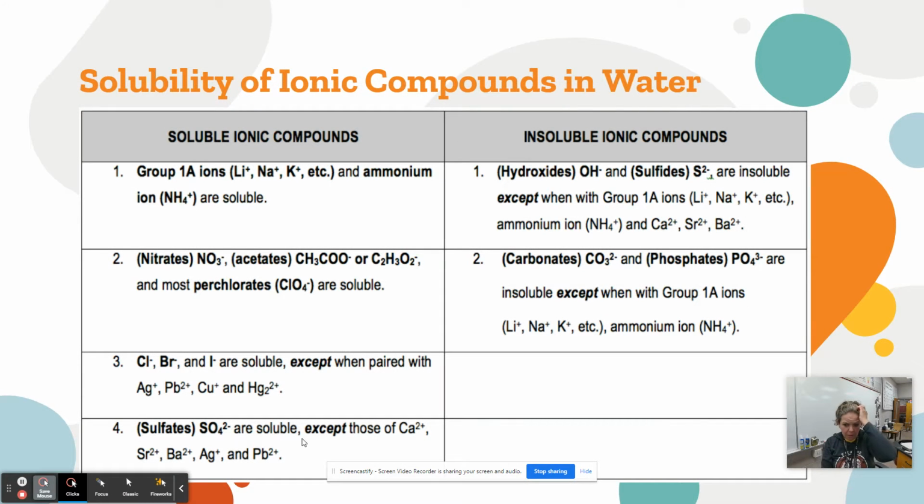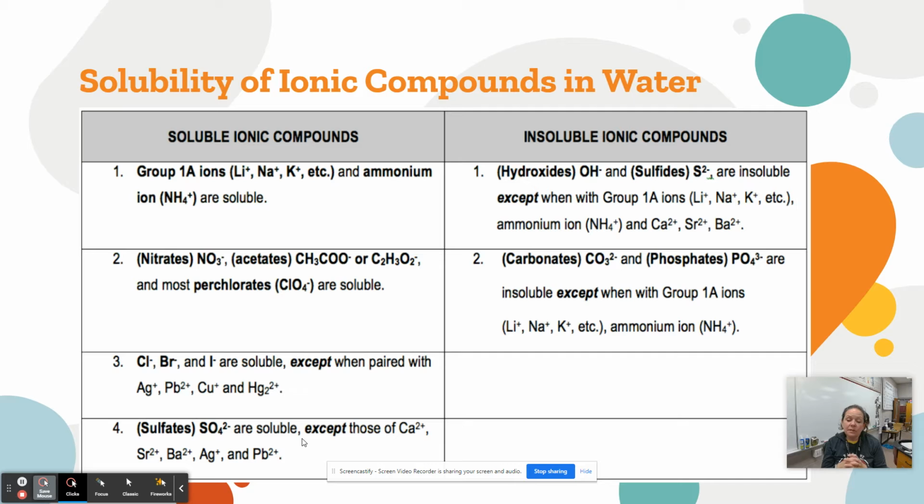Okay, so hopefully you know that not everything is soluble in water. And because we're talking about equilibrium, you probably know that sometimes when you put an ionic compound into water, it doesn't completely dissociate. Maybe it dissociates 50%, maybe it dissociates 2%, maybe it dissociates 98%.